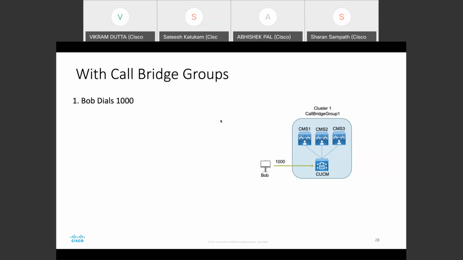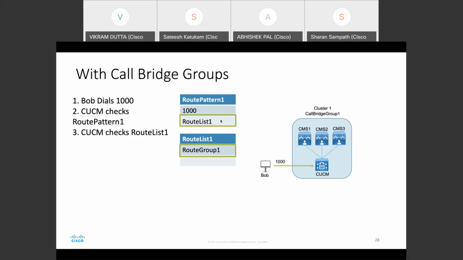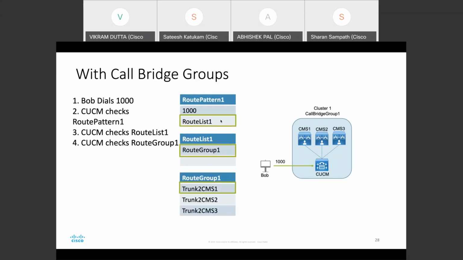Again, Bob dials the same meeting now, but the configuration has changed. CBG has been configured. CUCM checks the route list, checks the route group, and in the route group we see in the circular algorithm, trunk to CMS1 is at the top. So the call would be routed using this trunk to CMS1.